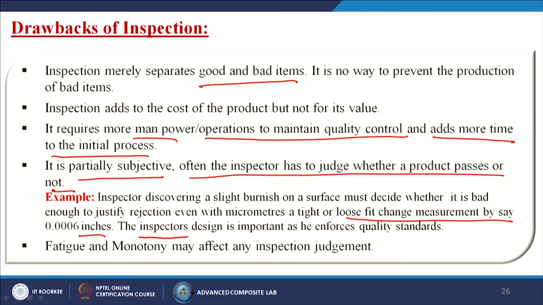The inspector's decision is important as he enforces quality standards. Fatigue and monotony may affect any inspection judgment because it is done by a human being. So, sometimes human error may also come into the picture.